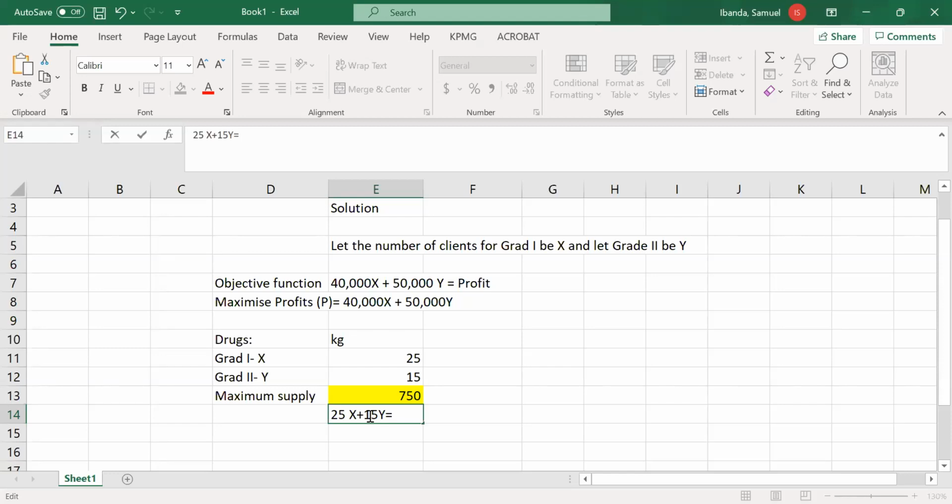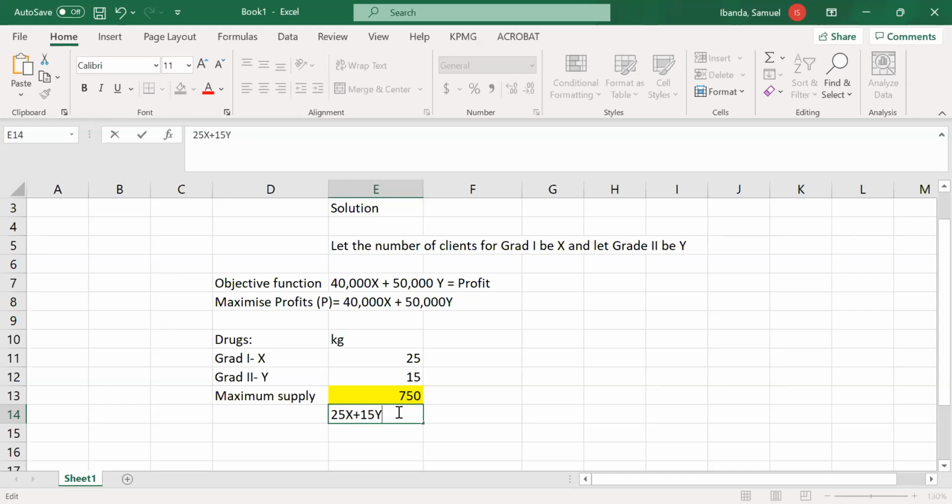And this has to not be more than 750 because our maximum supply is 750. So when you add the total kgs of drugs for X to that of Y, the two together should not be more than 750.